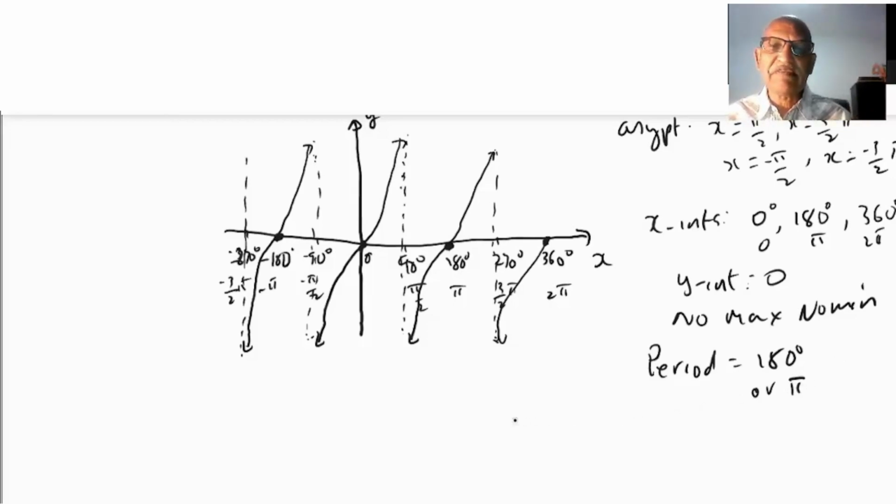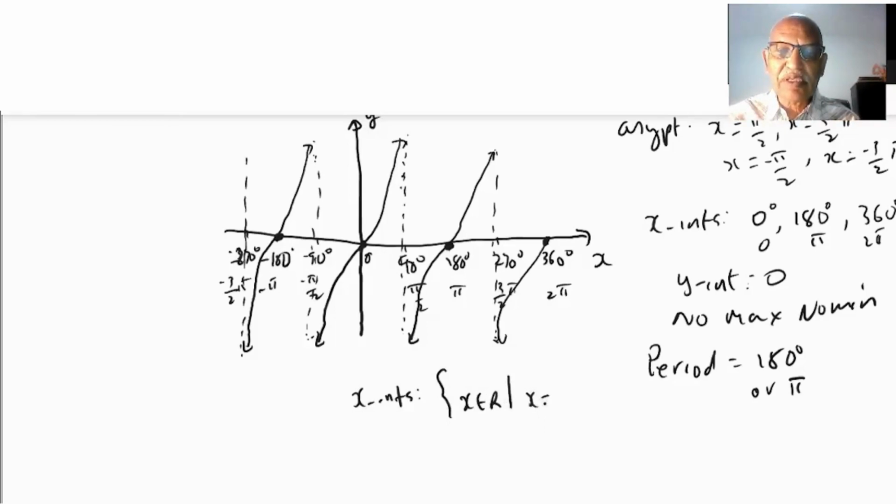Okay, so the domain is all numbers x belongs to R, but x cannot be equal to plus minus 90, x not equal to plus minus 270, and so on.